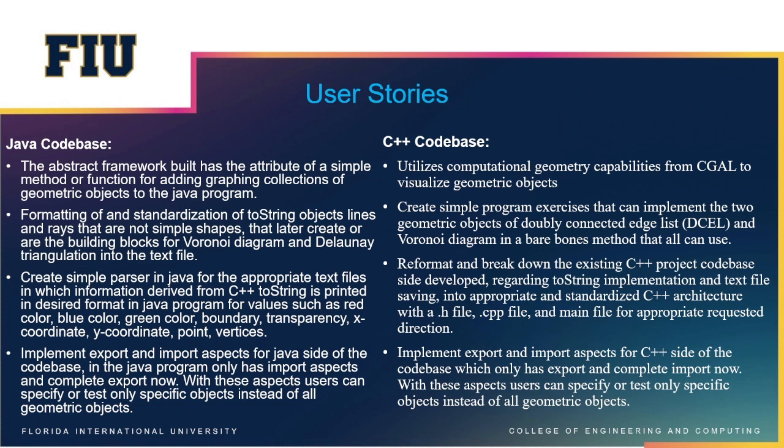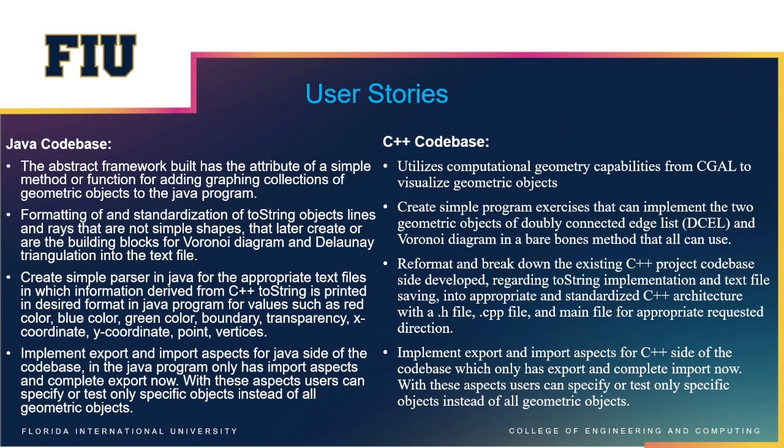We also formatted and standardized all of the toString methods, even between different shapes, lines, and rays, which later needed to be building blocks for Voronoi and Delaunay triangulations. We created a simple parser in Java for the appropriate imports coming from C++ exports, in which all the relevant info is standardized and broken down in an orderly way from the TXT file.